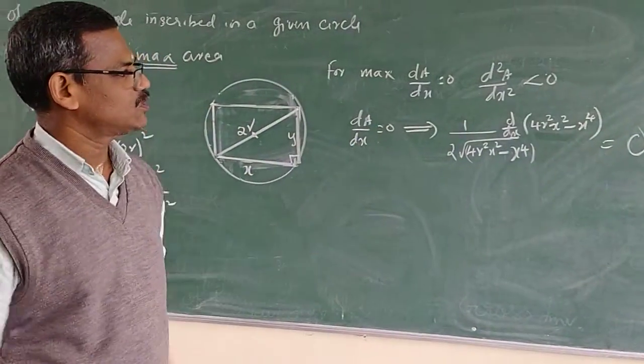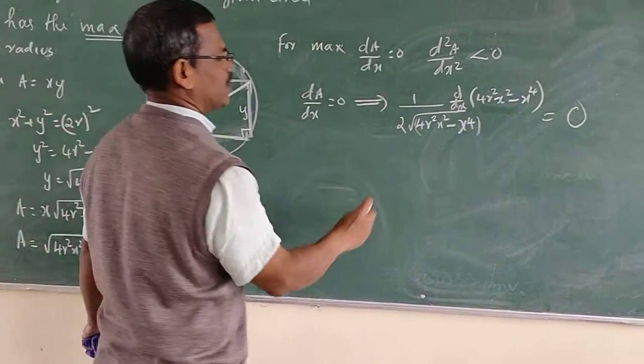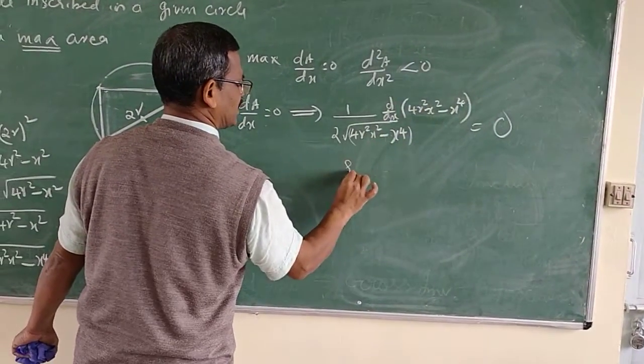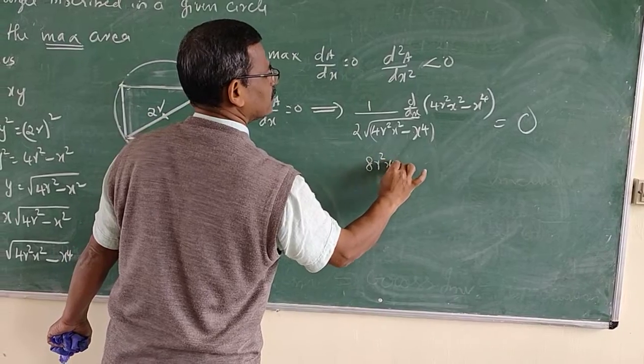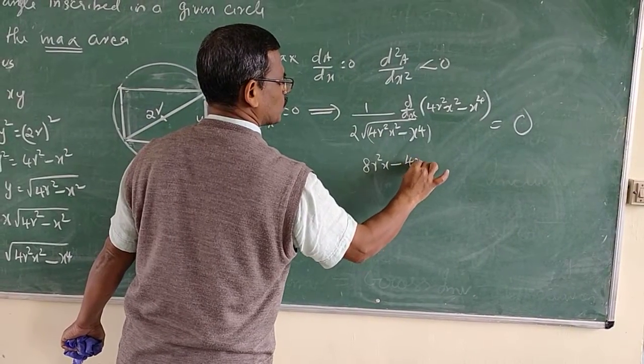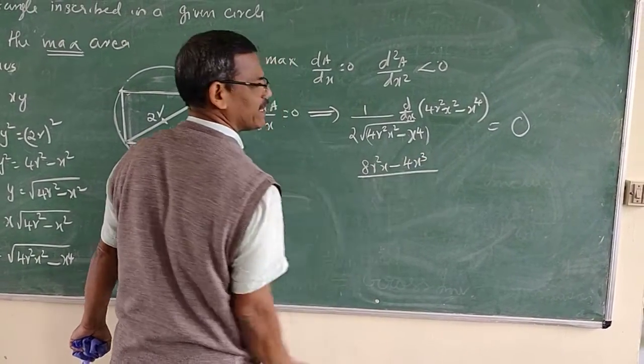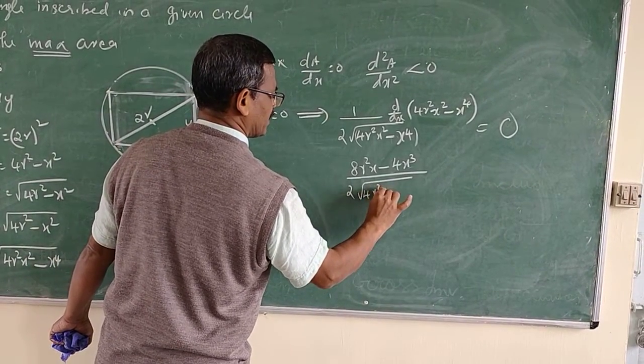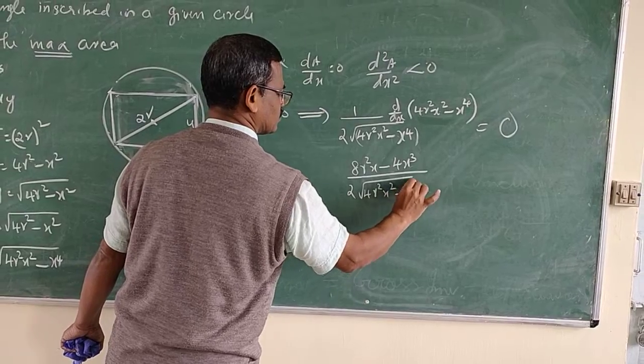So when you take d by dx of 4r square x square minus x raised to 4, it is 8r square x minus 4x cube, divided by 2 into under root of 4r square x square minus x raised to 4.